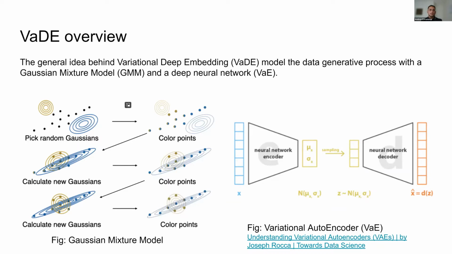And then the variational autoencoder is much like an autoencoder, but we're trying to encode the latent variables by using statistical information like the mean and the standard deviation of the data that's encoded.